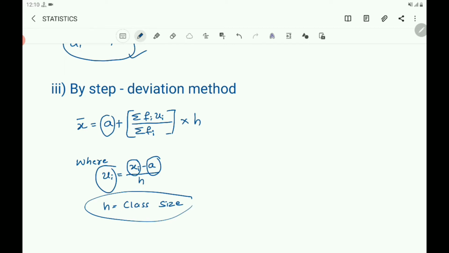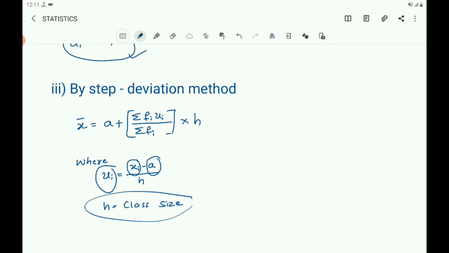Here we calculate ui, then summation of fi ui and summation of fi, and by using the formula x bar equals a plus summation of fi ui divided by summation of fi, into h, we get the mean. The step deviation method is convenient to apply if all the di's have a common factor.